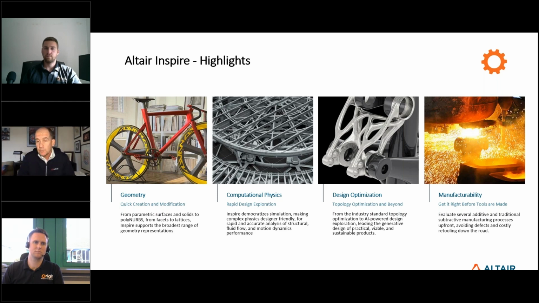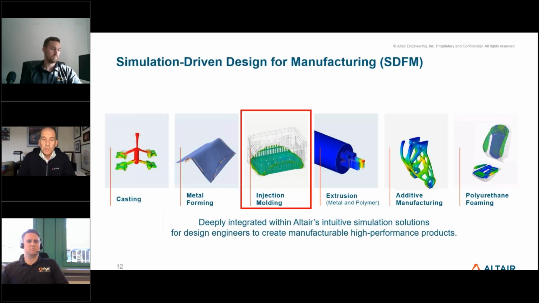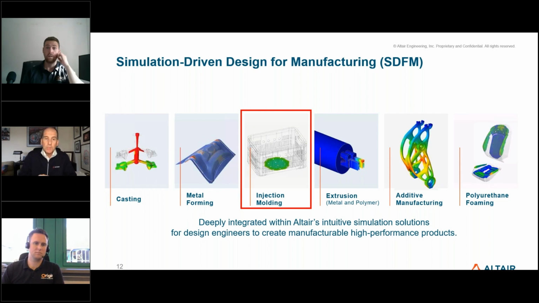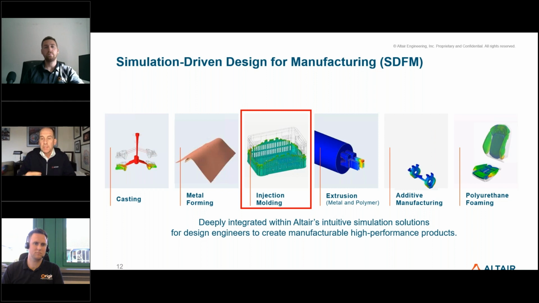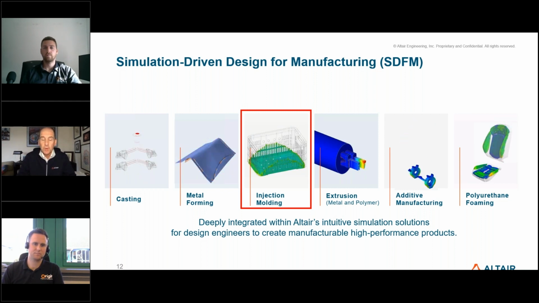And how can you do that? Well, Inspire includes support for all the manufacturing processes, as we can see in the next slide. Today, we are focusing on injection molding, but really we support casting, metal forming, extrusion, additive manufacturing, 3D printing, and polyurethane forming.